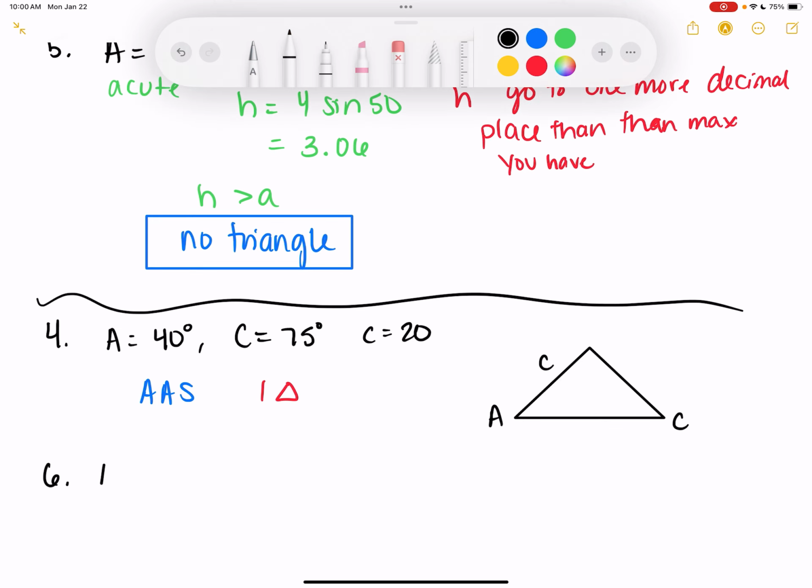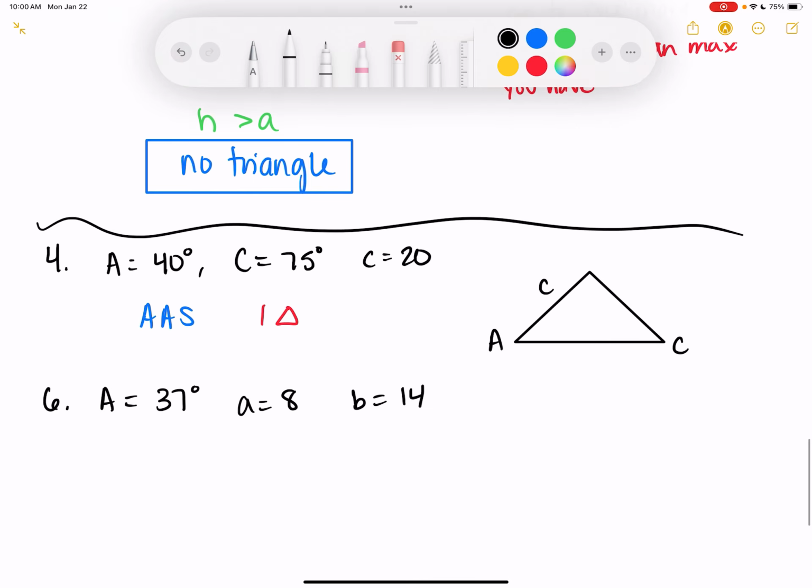Six. Angle A is 37 degrees. Side A is 8. Side B is 14. What situation am I dealing with here? Side, side, angle. So I've got angle A, side B here.